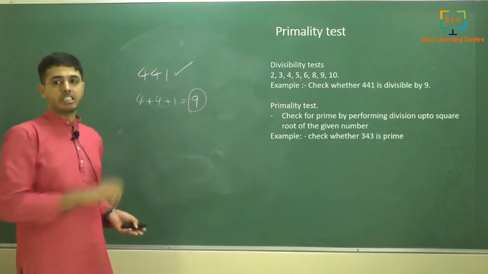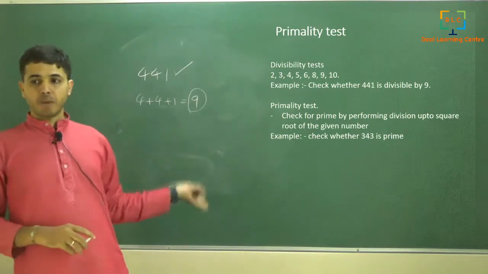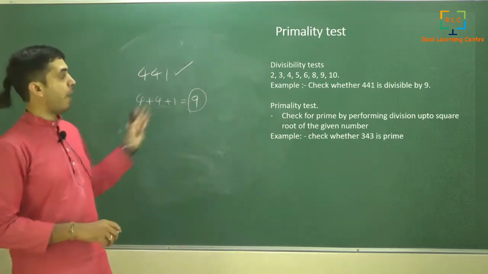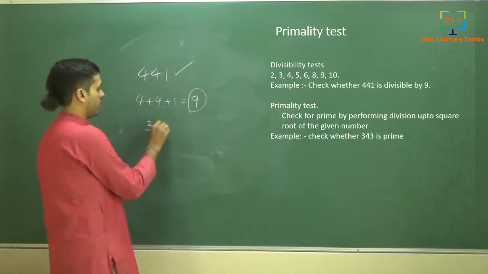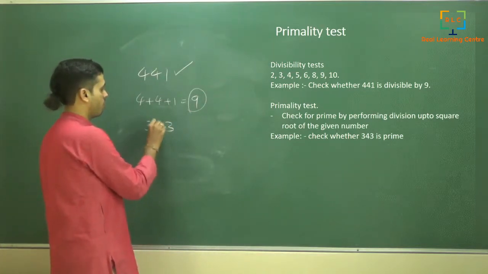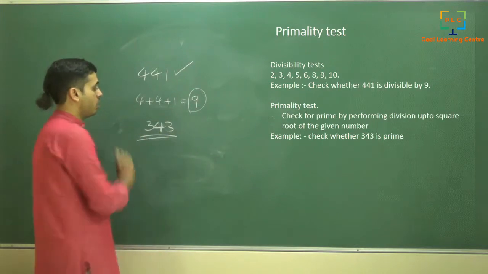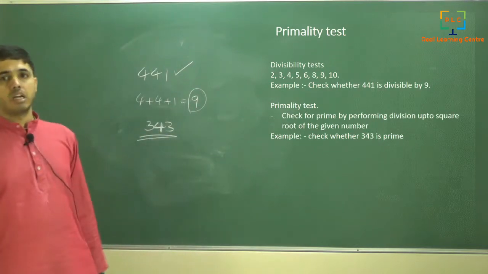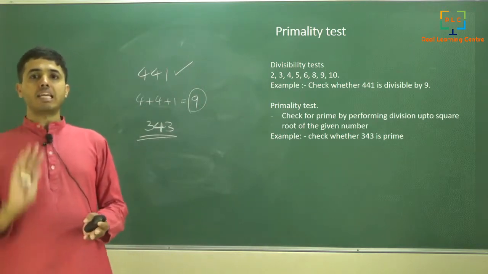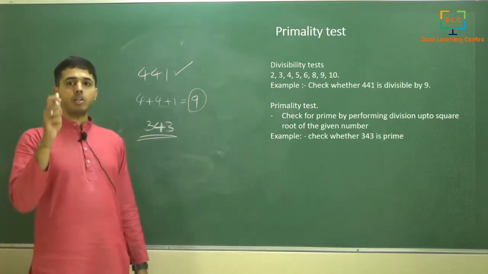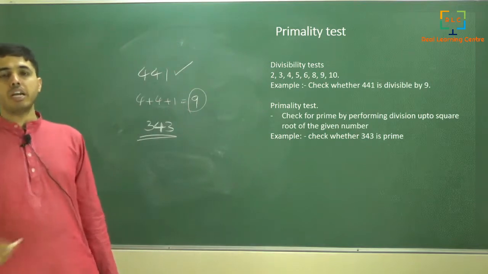Next, primality test. So we have seen we check for prime by performing actual divisions up to the square root of that number. Now we have got the number 343. Okay. Now what is the square root of 343? We may not know the exact value of it, but we can guess it. For example, what is the square root of 400?